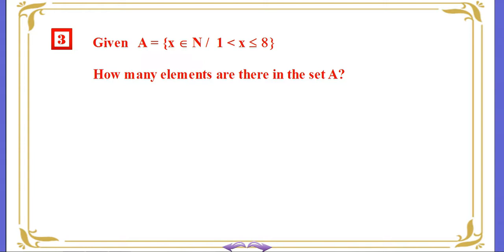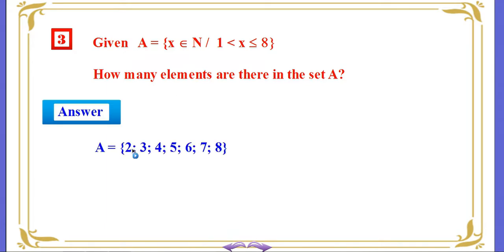We first rewrite set A by enumeration, since it is in the range greater than 1 and less than or equal to 8. So the set A is represented as 2, 3, 4, 5, 6, 7 and 8. Now we count the number of elements in set A and answer the question. There are 7 elements in the set A.